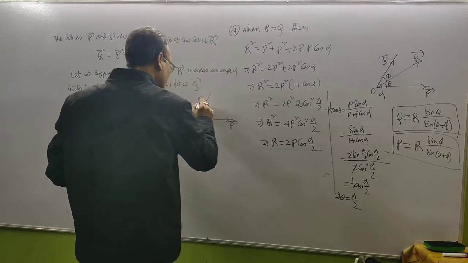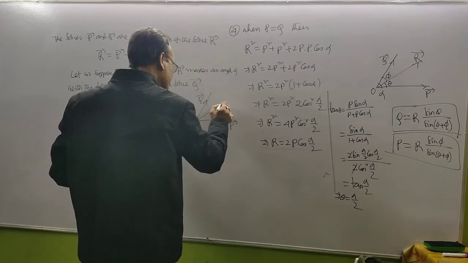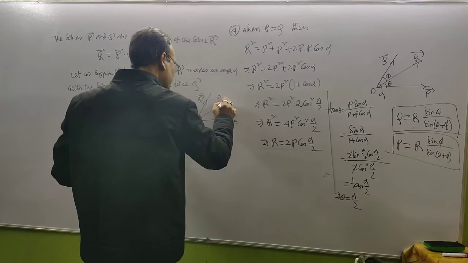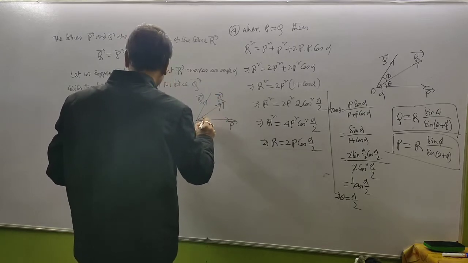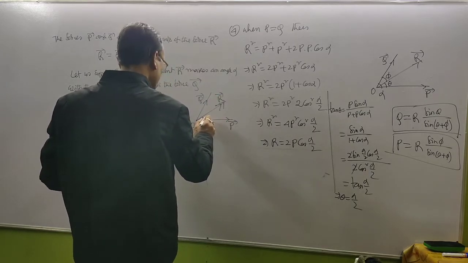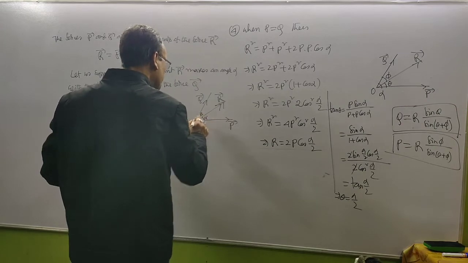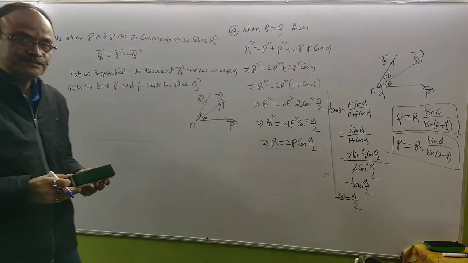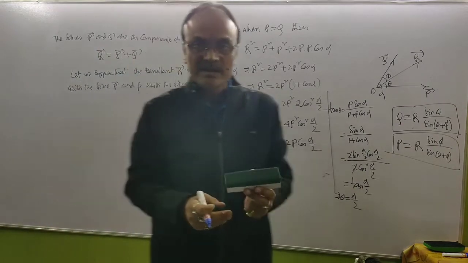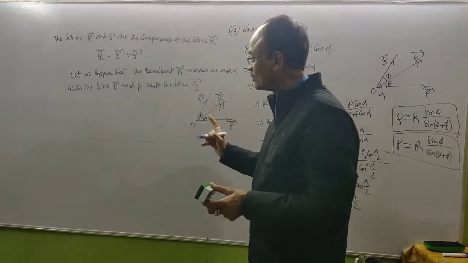P and Q are components of the resultant R. This angle is alpha, and this angle is beta.